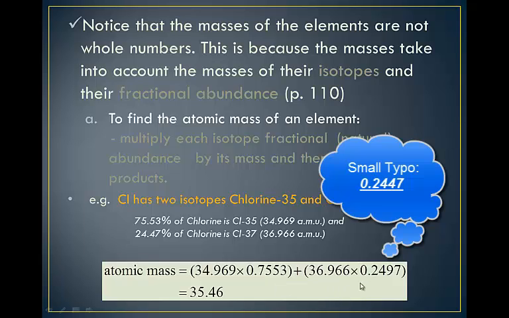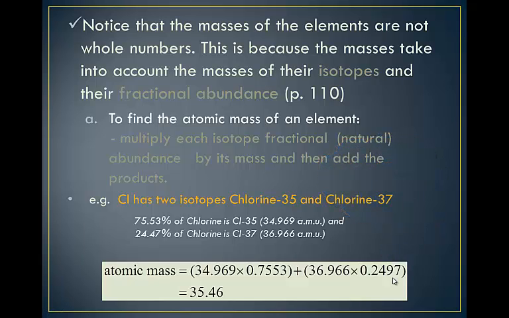Similarly, the 36.96 times 0.2447 represents the part of the mass that comes from chlorine 37. To get the total mass, we simply add those together. And by convention, scientists have all agreed to keep 2 decimal places. That's going to be a very basic introduction, but we're going to practice and review the skills that we've just introduced more in class.